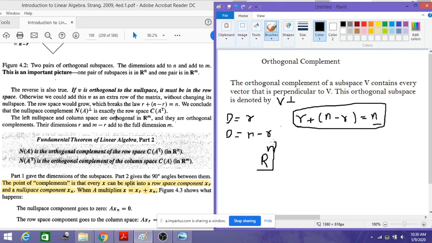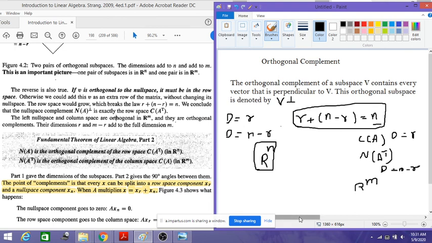On the other side, the column space C of A and the null space of A transpose have dimensions r and m minus r. Here r gets cancelled, so again the full dimension we get is R power m. That is what we had written.